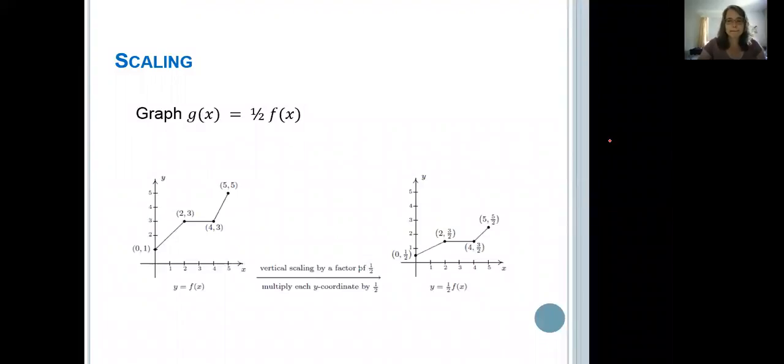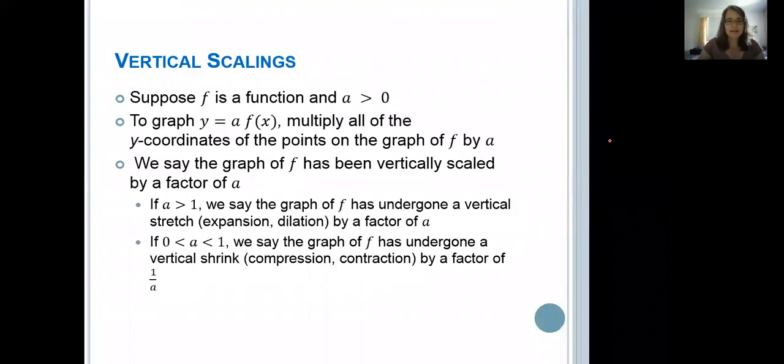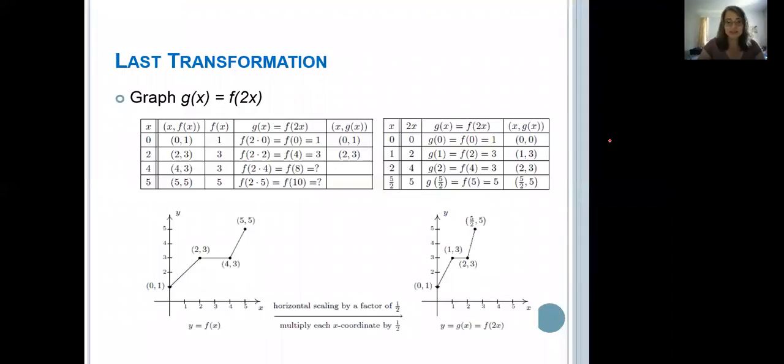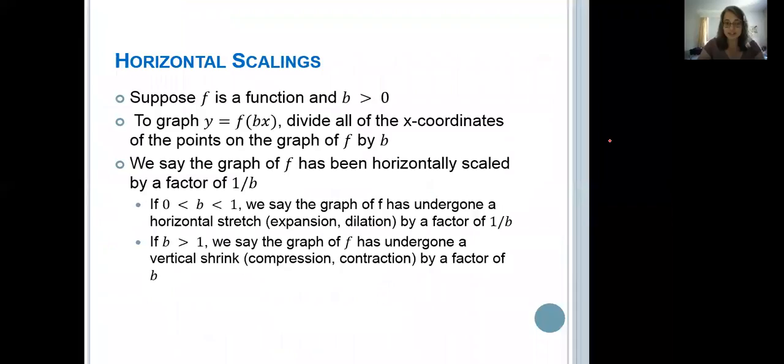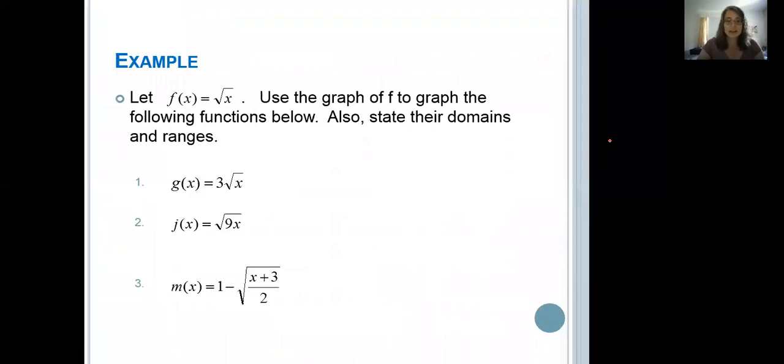Okay. This just says what I vocalized to you, and this is the horizontal shift. And I want you to play with the square root function and make sure it makes sense to you, what's going on here.